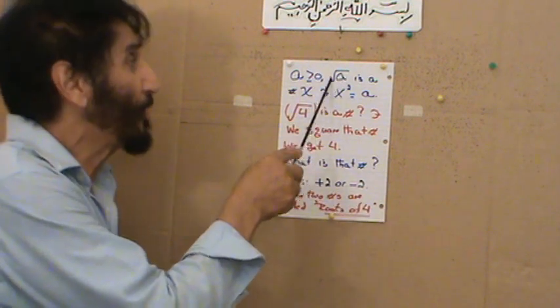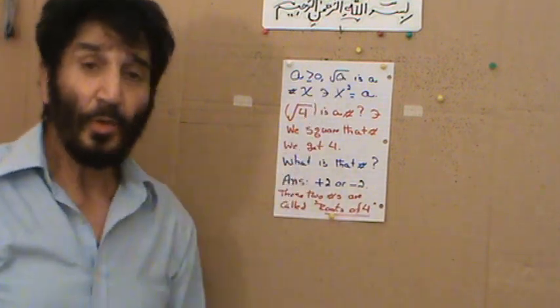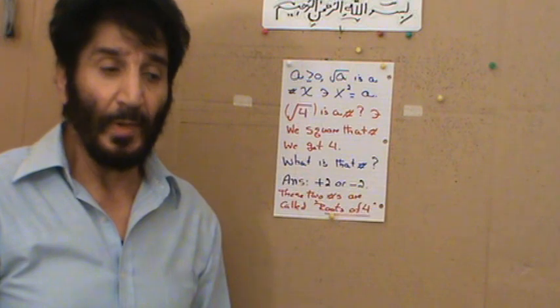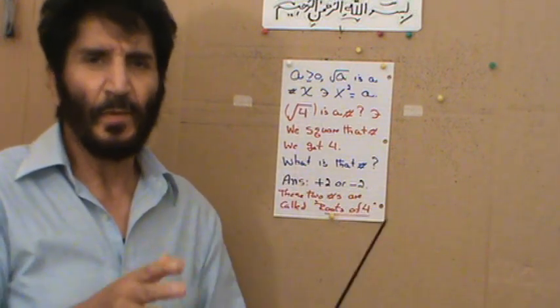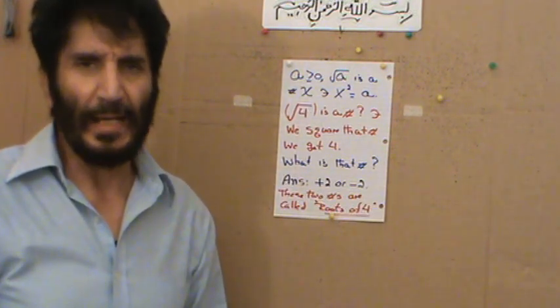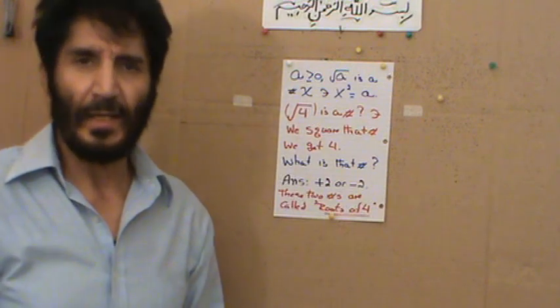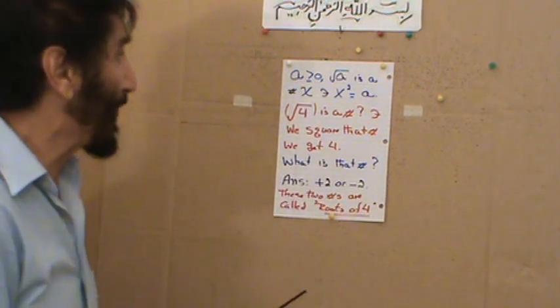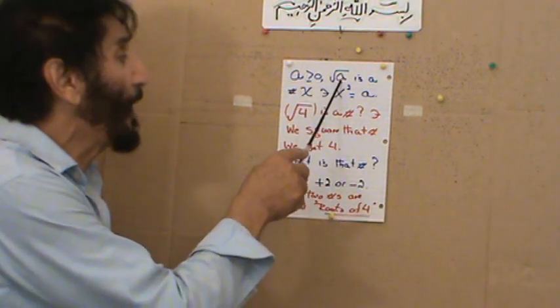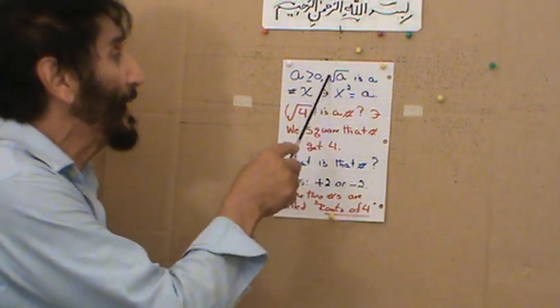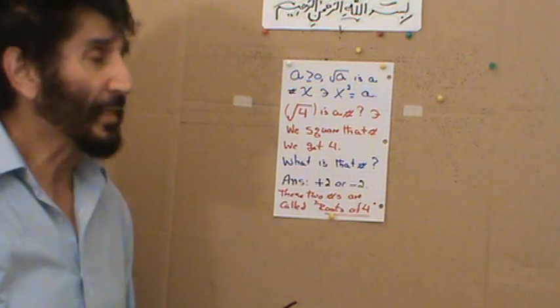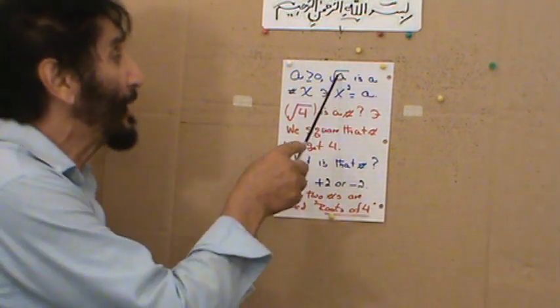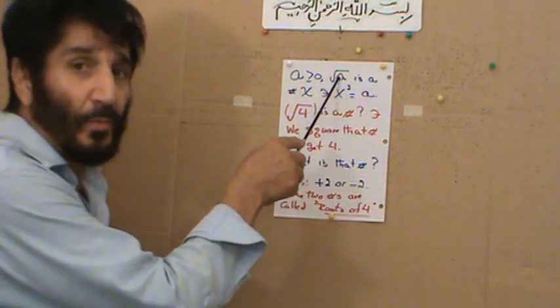That's exactly what this notation means, where a is a positive number. If a is negative, it's a different world, complex numbers, which is outside the context of this lecture. So if a is a non-negative number, this notation asks: what is the number that, if you square it, you get a?